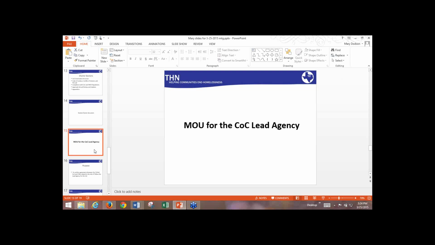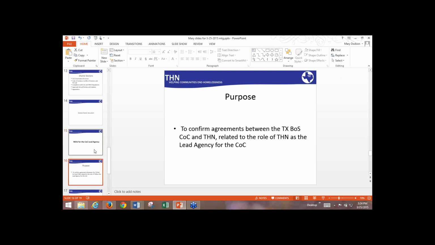All right. So again, this is somewhat of a piece of the governance charter. We actually adopted this idea from the Houston Coalition. The purpose of having this document is to confirm agreements between the Texas BOS COC, which is all of you, and Texas Homeless Network related to the role of THN as the lead agency for the COC.